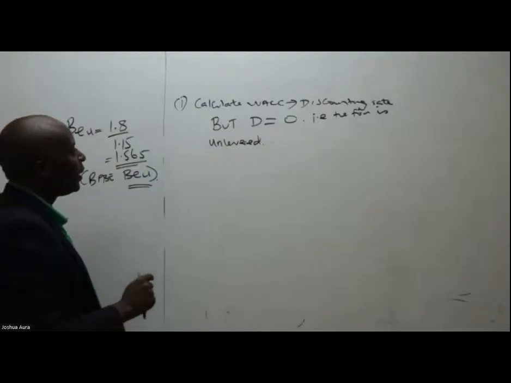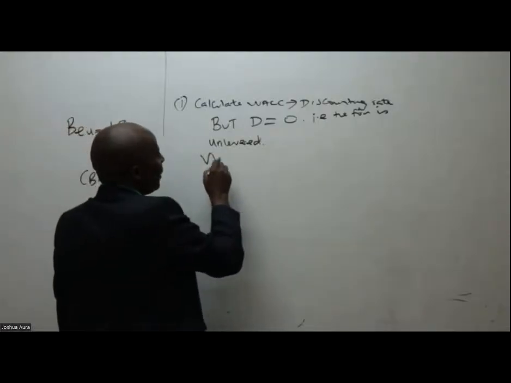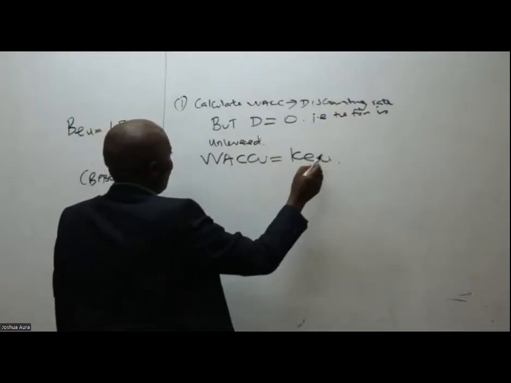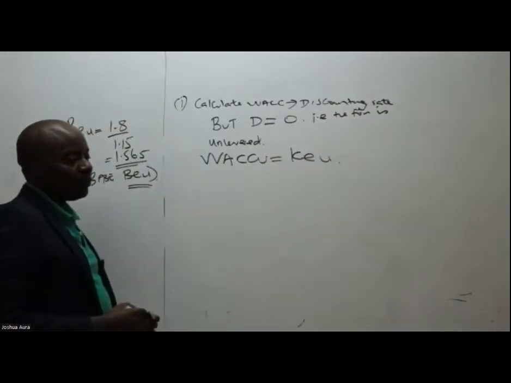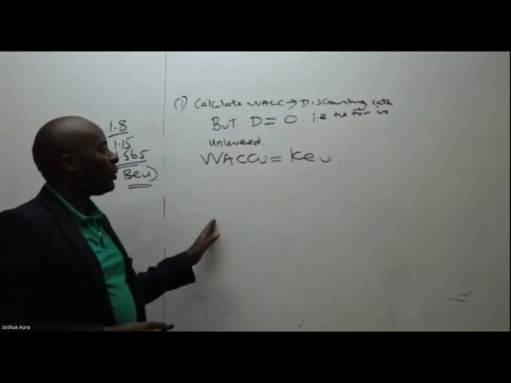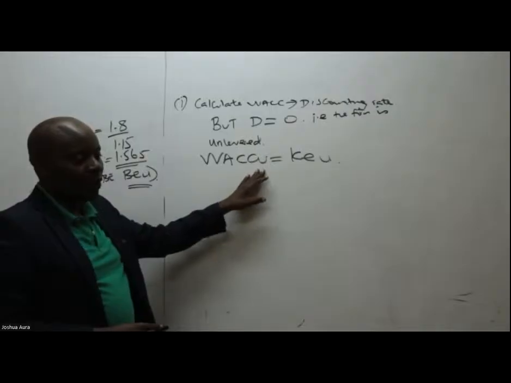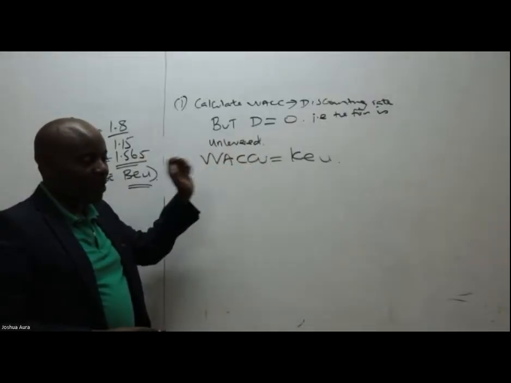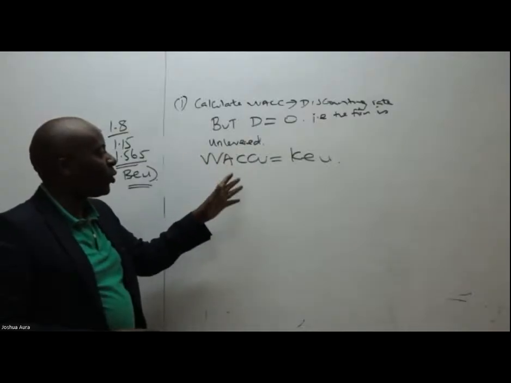If it's unlevered, remember in this case, ladies and gentlemen, what we used to call WACC U equals Ke U. Very, very important. If it's unlevered, then the weighted average cost of capital of an unlevered firm will always be equal to cost of equity of an unlevered firm. Some students sometime back told me WACC U equals Ke.